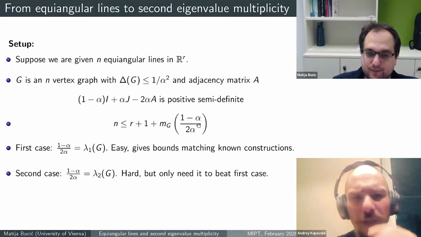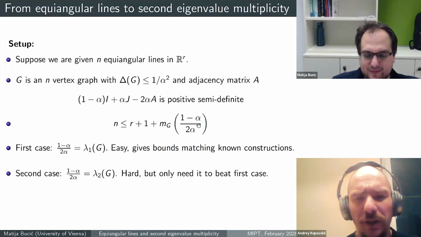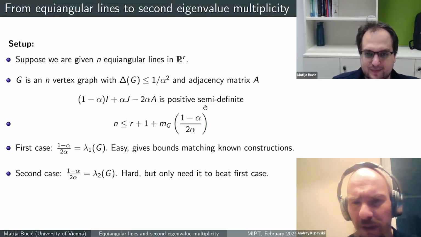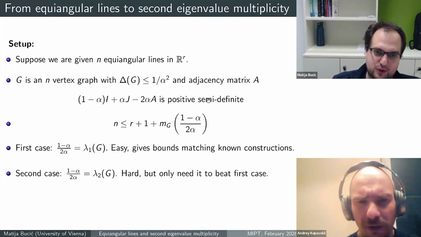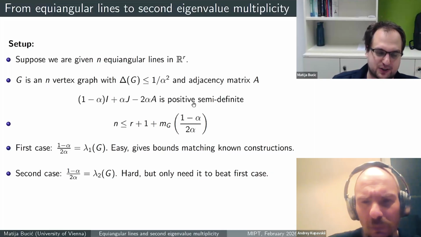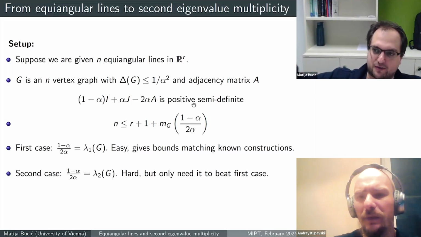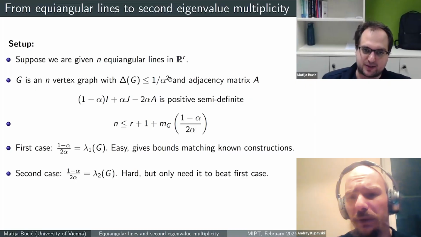Matija, just to check that I understood correctly, you're saying if it's the third eigenvalue, then the matrix above cannot be positive semi-definite, right? Yes. You get a contradiction because you will find a vector so that if you multiply this matrix on both sides, you'll get something negative.